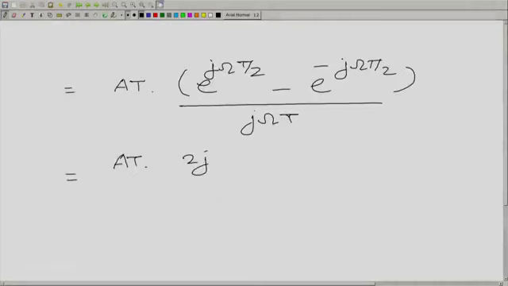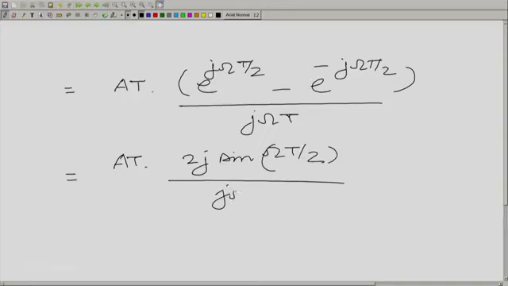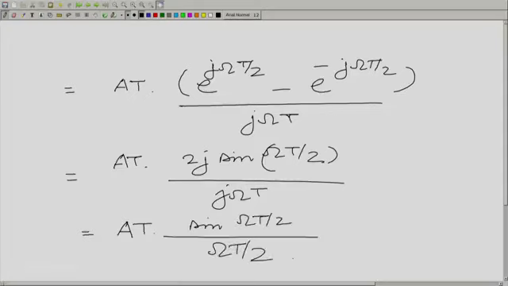Looking at the numerator, it essentially is 2j times sine of omega T by 2, divided by j omega, and now the 2 can be brought down. So, we have a T, and the j can go away: sine of omega T by 2 divided by omega T by 2, and this is a very special function.